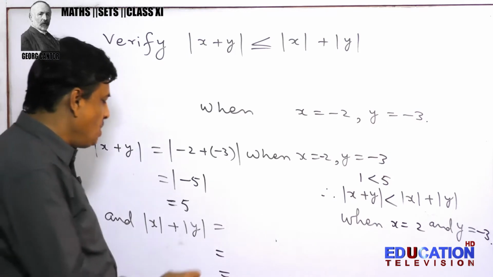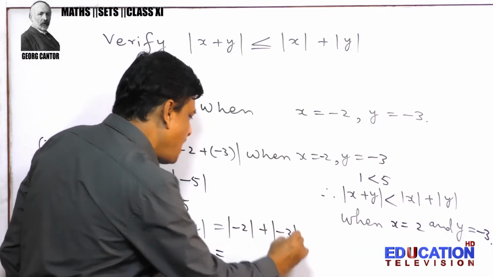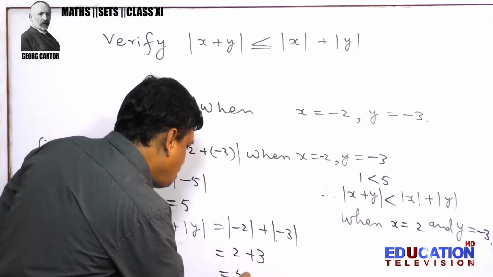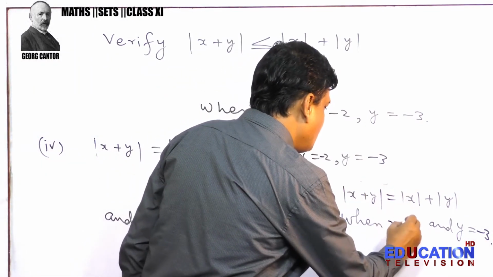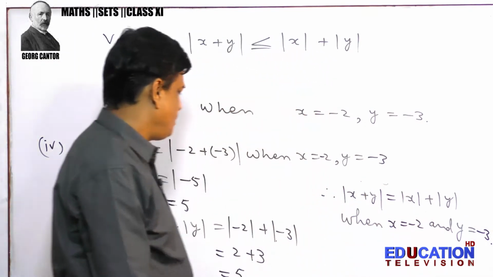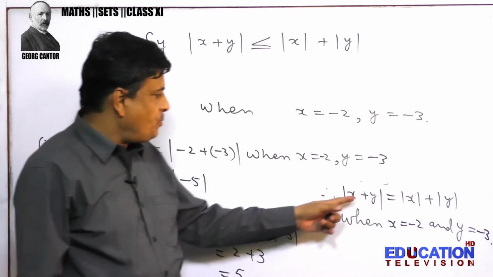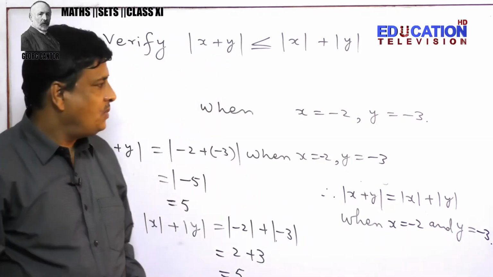Modulus x plus modulus y is modulus of minus 2 plus modulus of minus 3, 2 plus 3, equal to 5. So modulus x plus y is equal to modulus x plus modulus y if x and y both are negative.